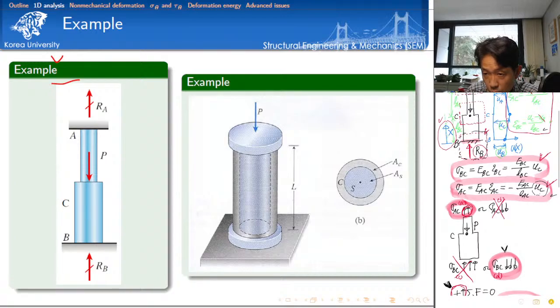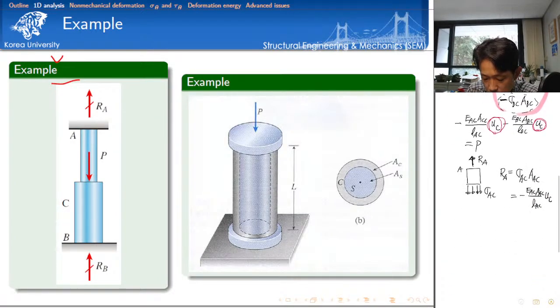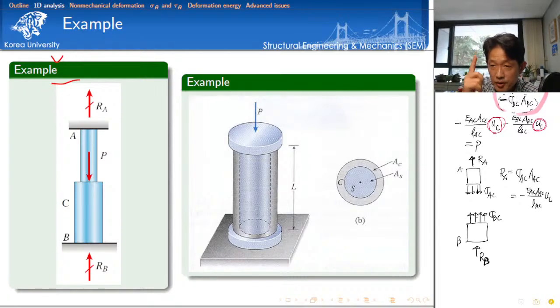So we can do the same thing here. So at point B, again, we have a reaction. This is point B. Reaction at point B. And then we need to consider the distribution of normal stress. Make sure that the default direction of the normal stress is the way of stretching the material, sigma BC. Okay? So in this case, because they are heading in the same direction, to satisfy the force equilibrium for this small body, the only way to satisfy is what?